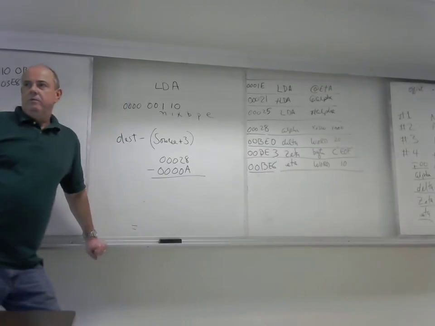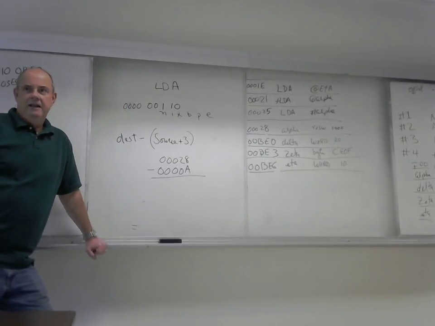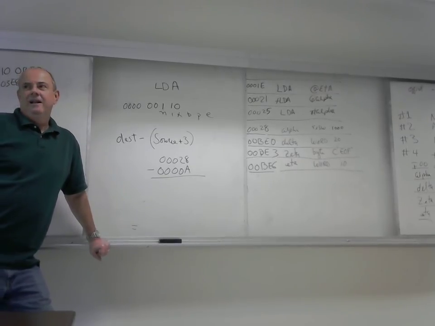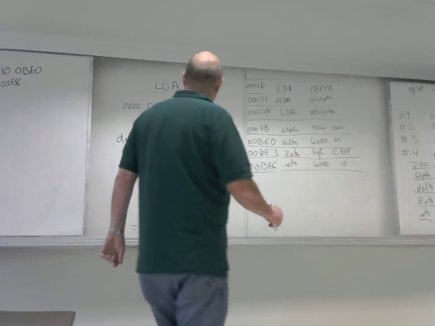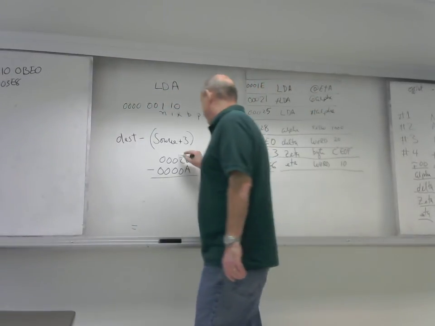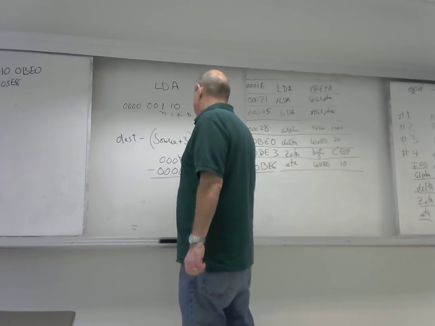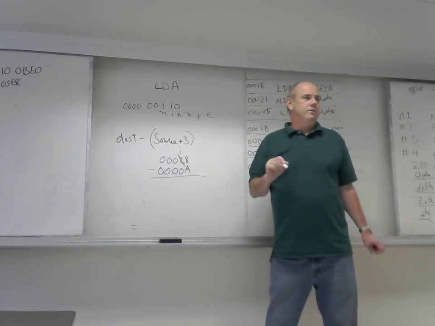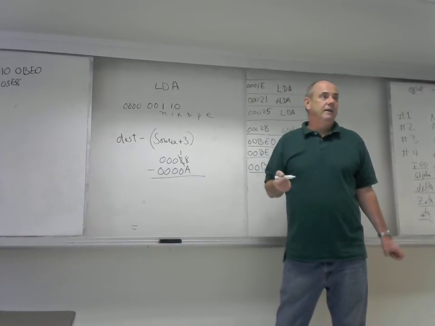We subtract, and what do we get? You guys know how to do this, right? Let's step through it in case you're a little rusty. 8 minus 10, I can't do it, I have got to borrow. So I borrow, this becomes a 1. Yes? Would it be source plus 4 if there was a plus in front of the instruction?